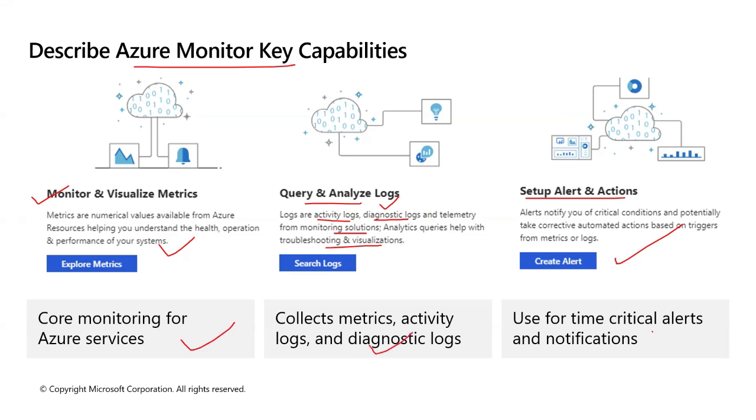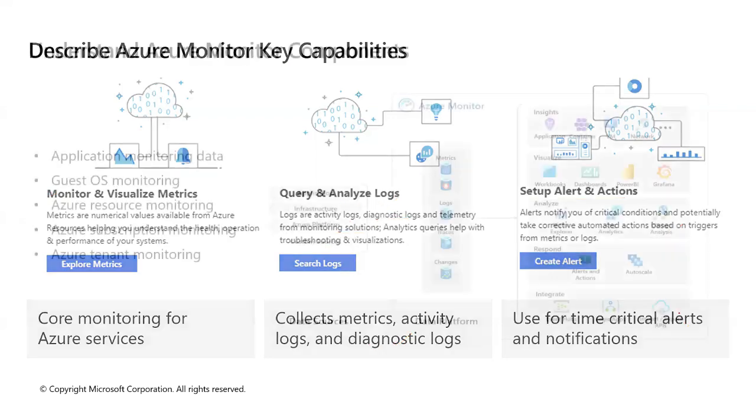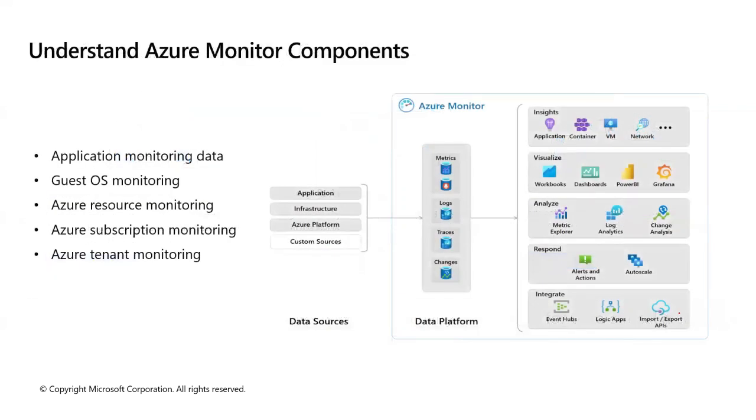And I will use the critical alerts and the notification. That's what I'm doing here, right? So when it comes to Azure monitoring, Azure monitoring uses basically two key elements, guys. One is metrics, and another one is logs. These are the two important elements when it comes to metrics.